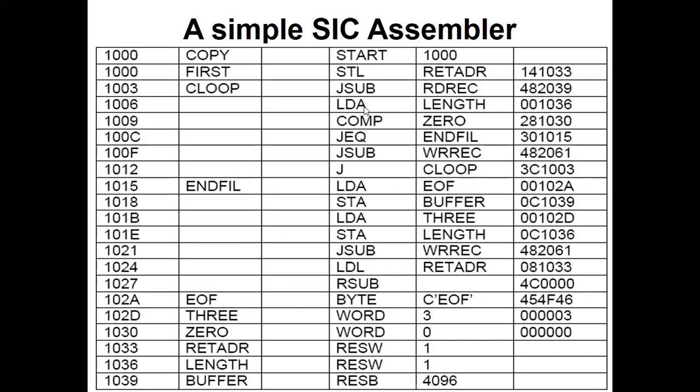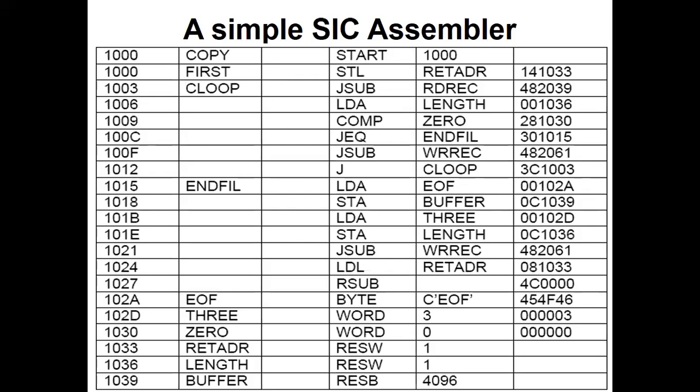Okay, let us look at the next one, LODA length. I think you remember LODA. When you were doing the other calculations, we said LODA is 00. Does everybody remember that? Even if you don't, you can look at the table. The table will always be given. So the opcode for LODA is 00.